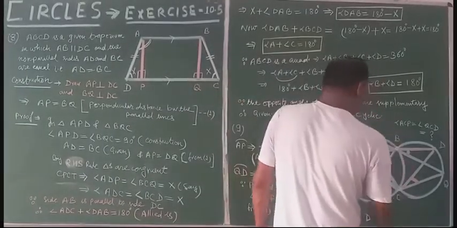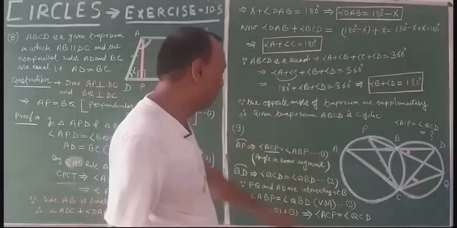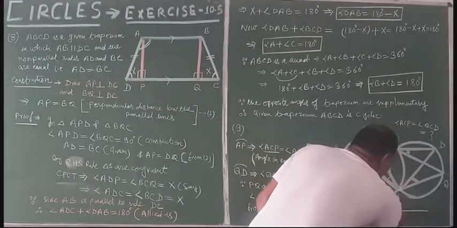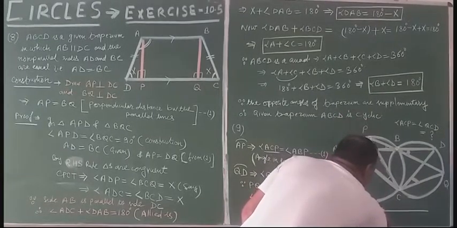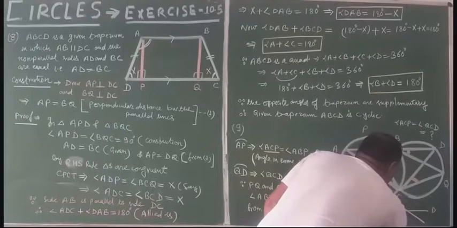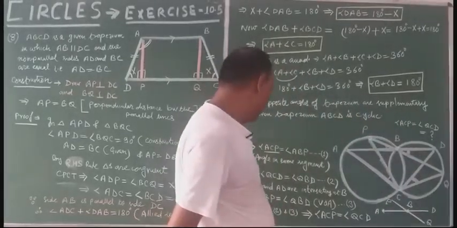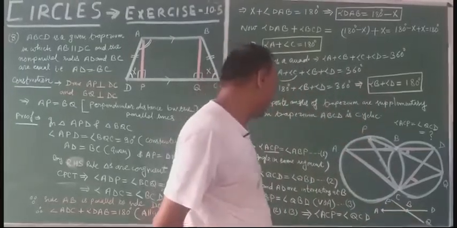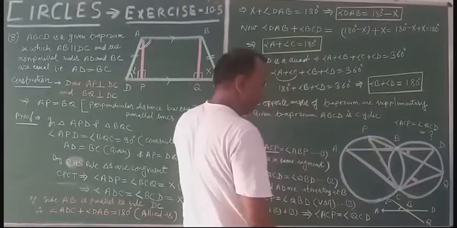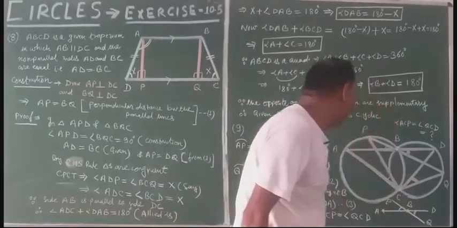Now just look. Lines AD and PQ are intersecting at point B. This line AD and PQ, where they are intersecting at point B. Therefore angle ABP will be equal to QBD, because they are vertically opposite angles.